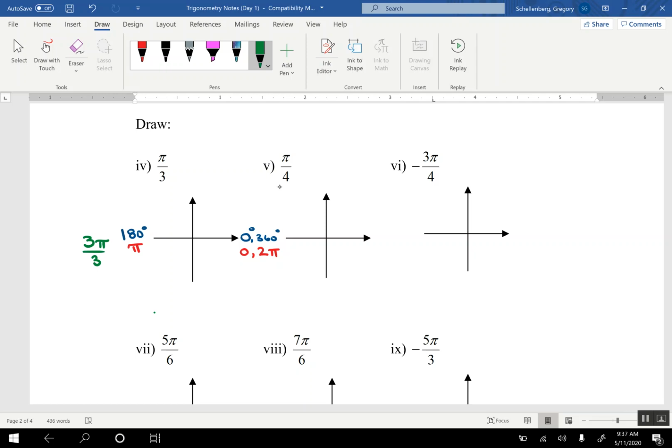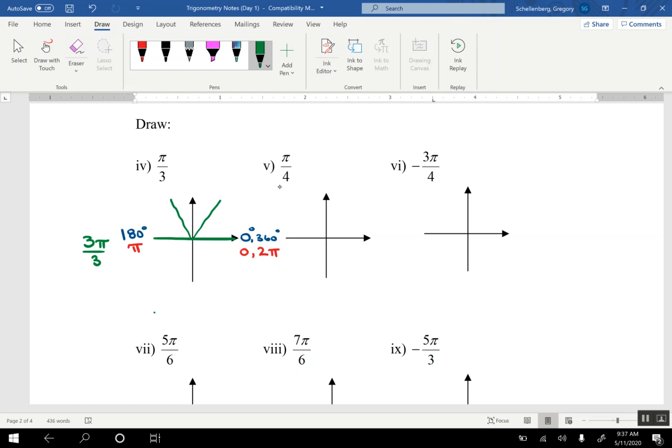Okay, so we can think about that as being 3 pi over 3 radians. And if we're doing that, so this is the angle 3 pi over 3 radians, okay, which we know is 180 degrees. But let's break that up into 3 equal parts as best we can. Okay, so there's our 3 equal parts.